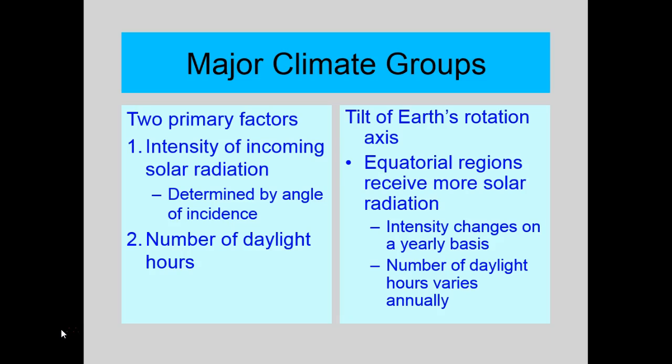It's only going through this much here, that much there, because of the angle. That's why at the polar regions, the angle is so small year-round. Even in the middle of summer, the angle is still so gentle, it's really cold up there. Okay? So determined by the angle of incidence.